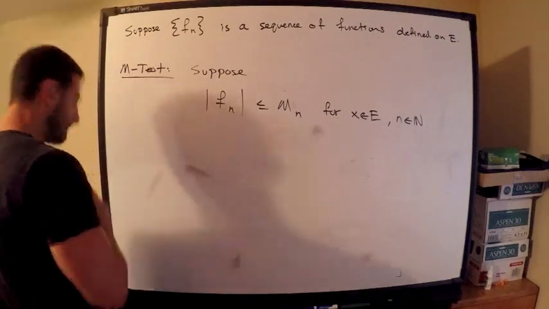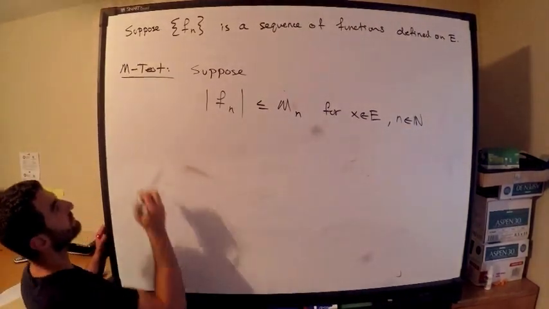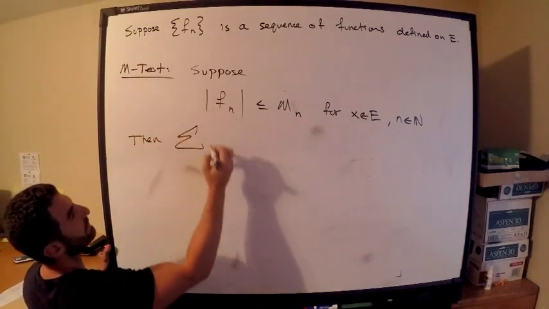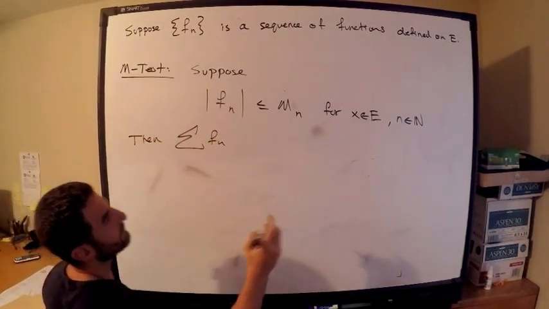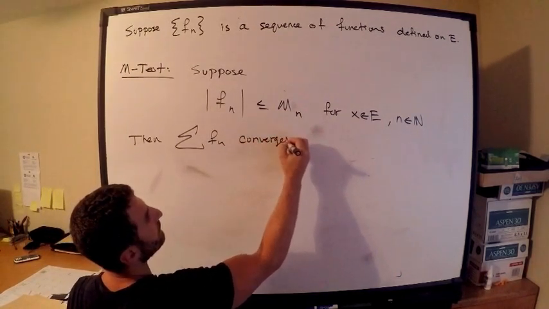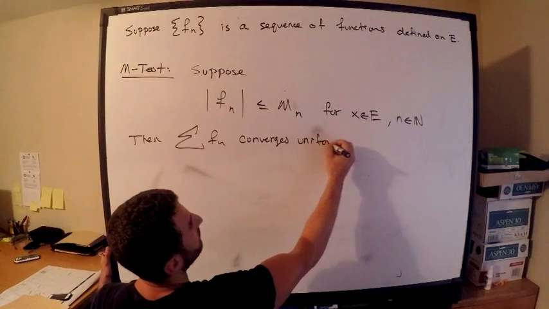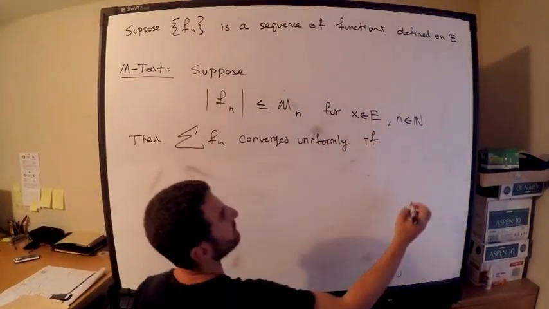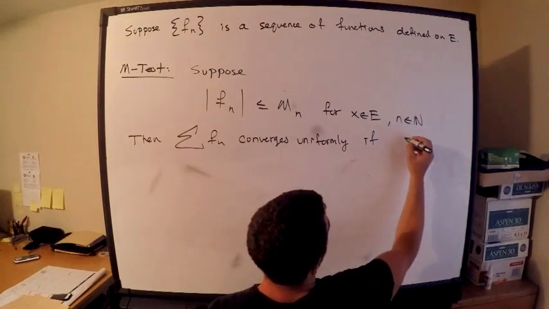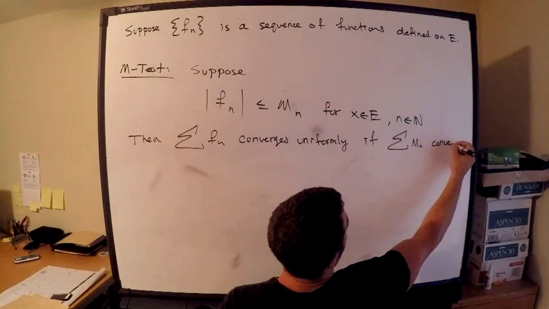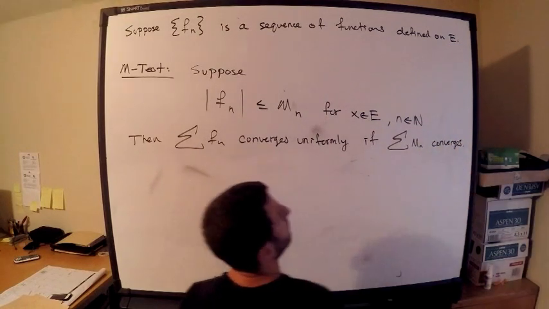Then here's the conclusion, which is quite nice. The series of f_n converges uniformly if the series of the M's converges regularly.